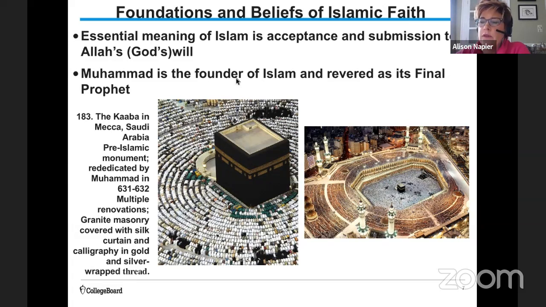So Muhammad was a merchant from Mecca. He had his first religious experience in 610, and he was visited by the Angel Gabriel and instructed to recite. These recitations will form what will become the Islamic holy book, the Quran. Muhammad was very critical of polytheistic religion, and he preached the religion of the one and only God from whom he received these revelations.